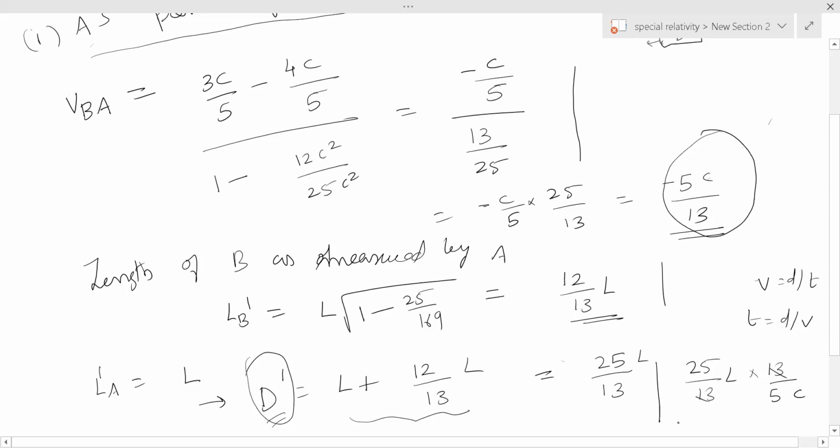That is equal to 5L by c. This is the time for overtaking as observed by A. Fine.